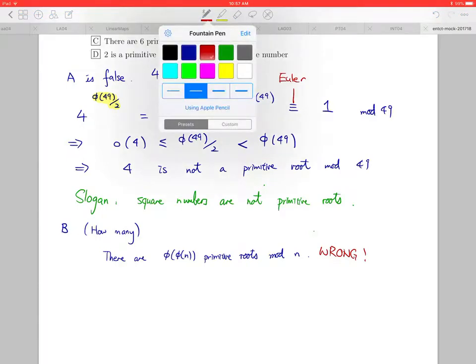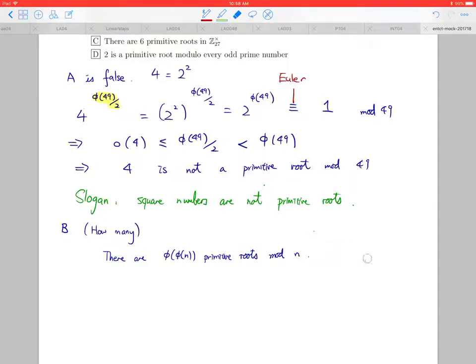Okay, so the correct statement is for n equals to 1, 2, 4, p to the m, 2 times p to the m, where p is an odd prime.